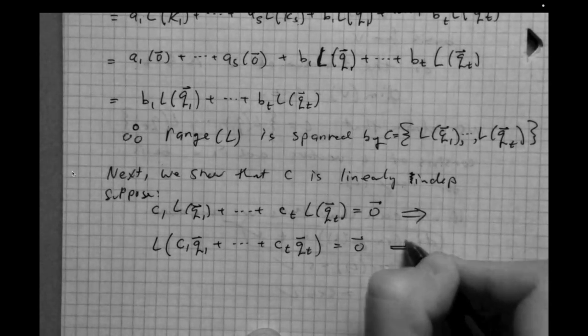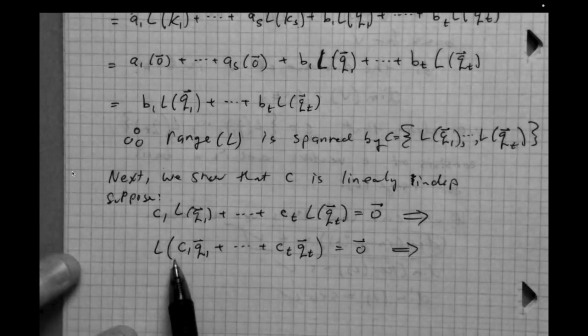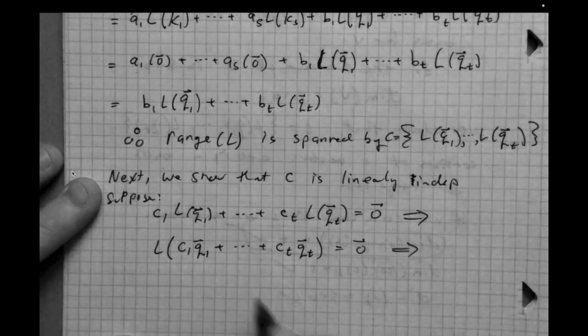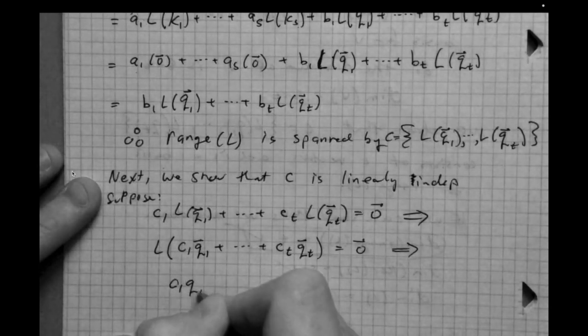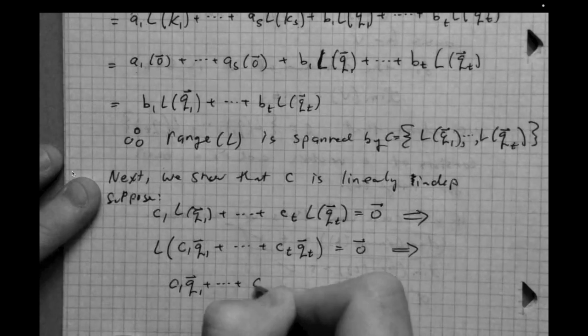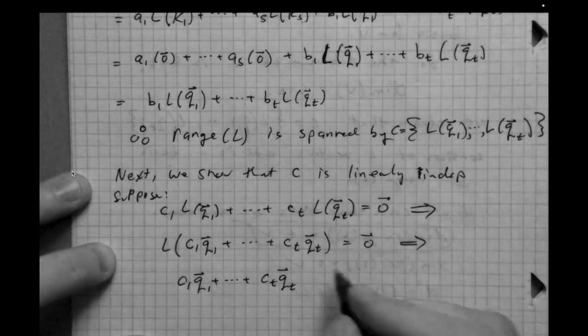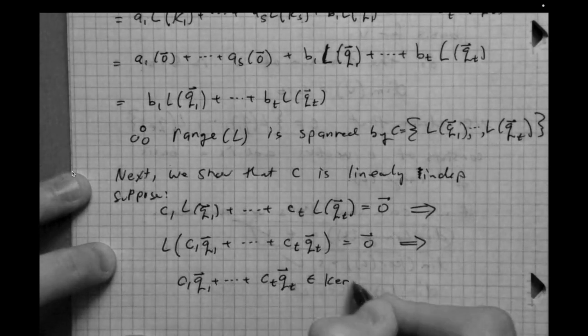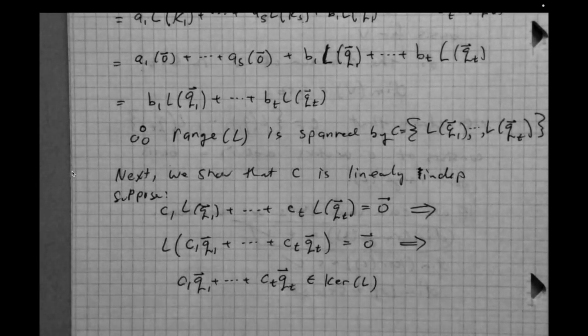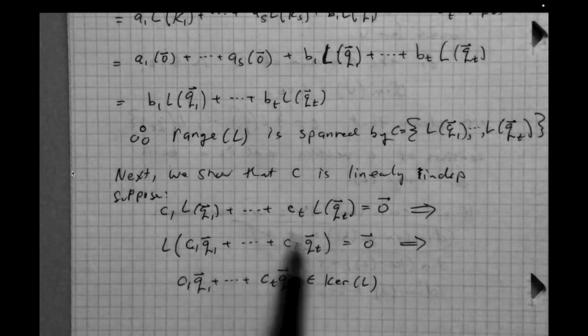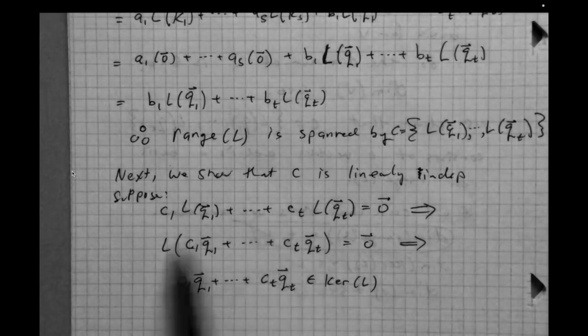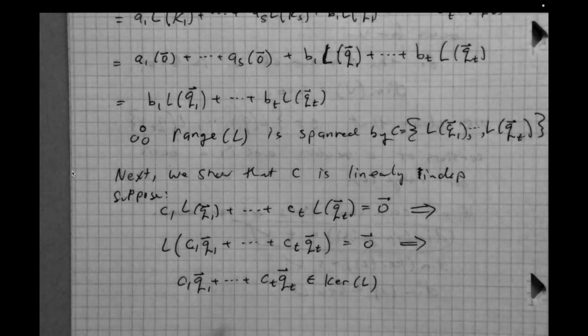That this linear combination, C1 Q1 plus ... plus CT QT, is in the kernel of L. If this linear combination equals 0 when we transform it under L, then by definition it is in the kernel. Okay, and so what does that mean?